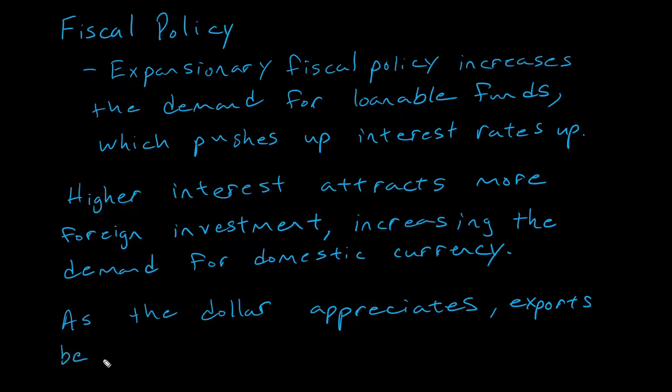exports become more expensive. So the opposite of what we had going on when we were talking about monetary policy, right? So when the dollar appreciates, when it gains value in relation to those other currencies, then it becomes more expensive for foreigners to import American goods, right? And so we're going to see a decrease in net exports.